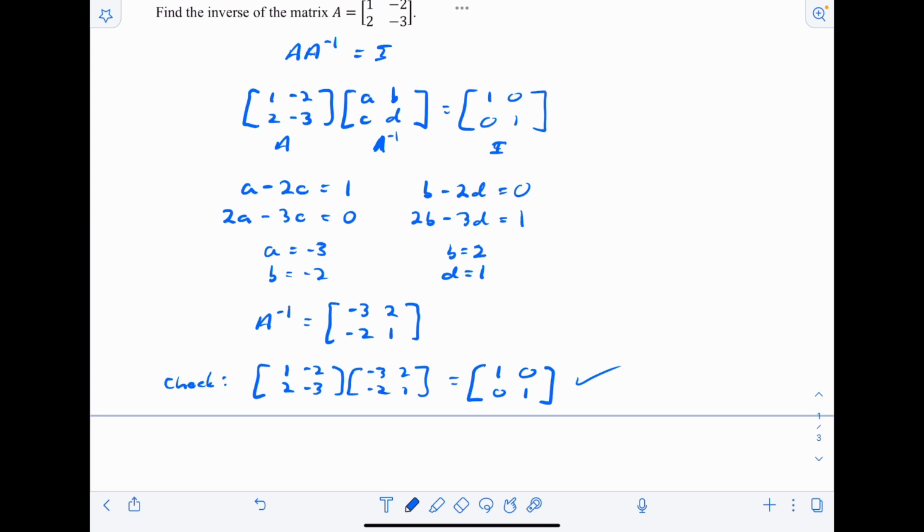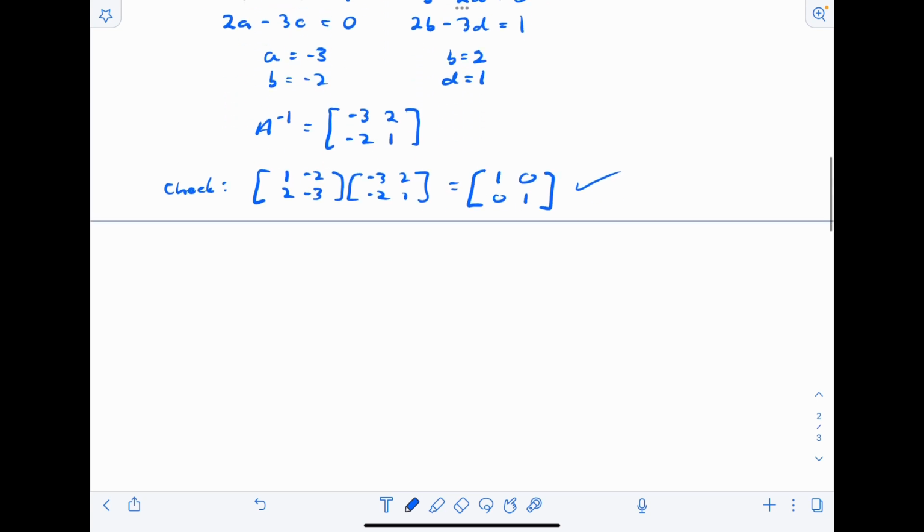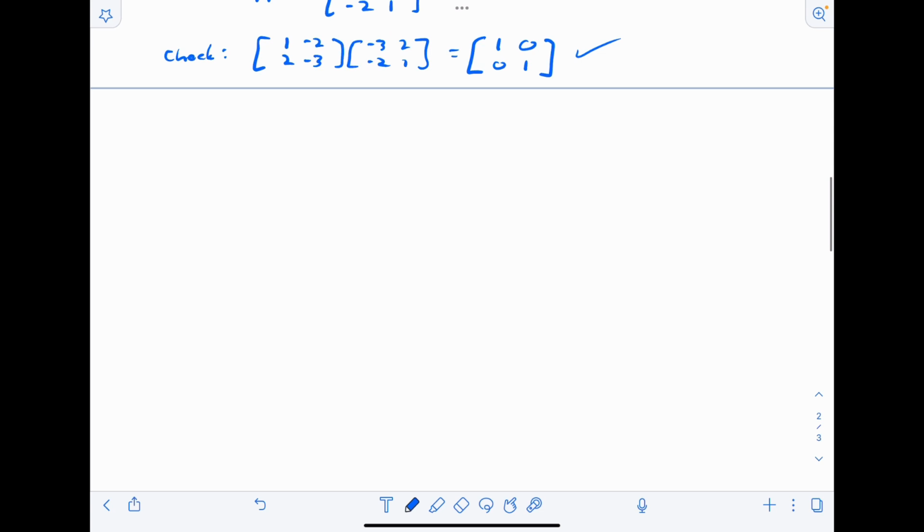All right, so let's look at another way to solve this. So we're just going to do the same problem. And again, not that you would have to do this, but just to think about this a little bit differently.